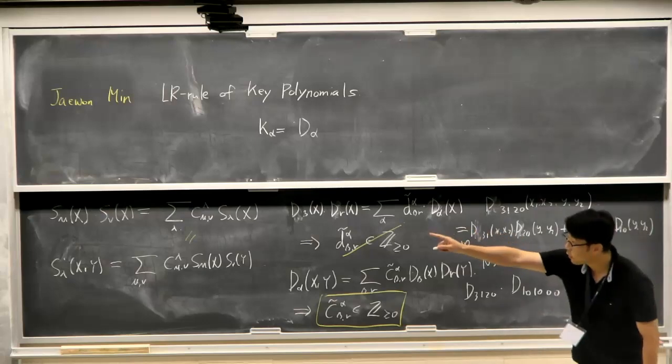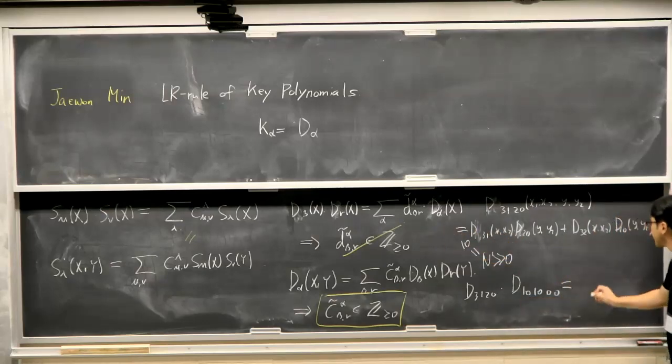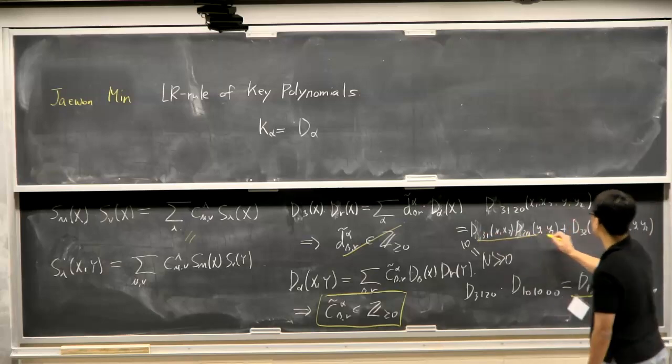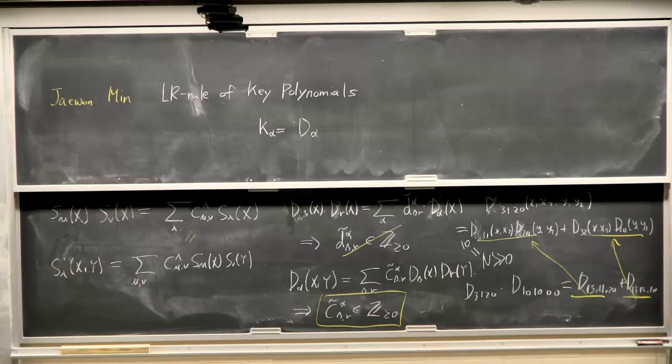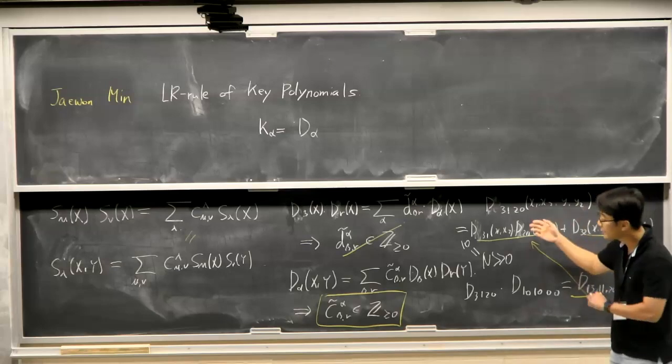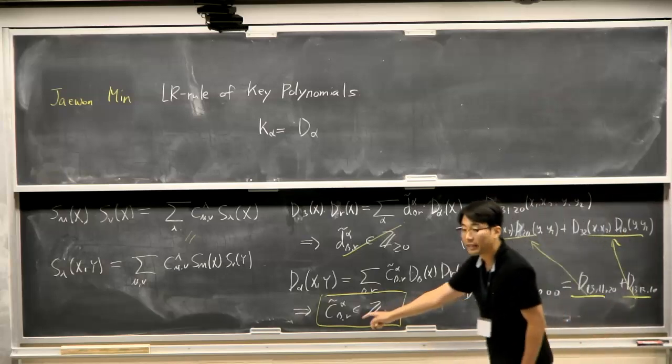By the theorem of Mathieu, it should be positively expanded: 13, 11, 2, 0 plus 13, 12, 1, 0. And using the theorem of Anthony Joseph, you can find the bijection between these two terms, here to here, which proves that it is positively expanded, which proves that this is non-negative.